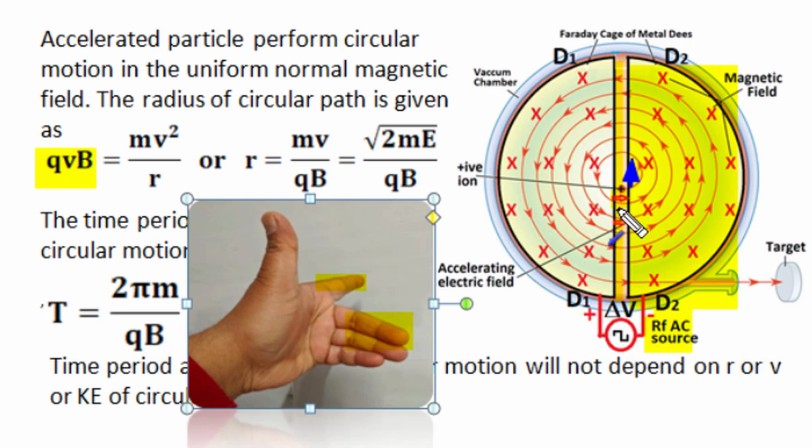When the particle performs a curved circular motion, the centripetal qvB force gets balanced by the centrifugal mv squared by r force, and the radius of this circular path is given as r = mv/qB, where m and q are respectively the mass and charge of the accelerated particle, v is its velocity, and B is the existing uniform normal magnetic field flux density.